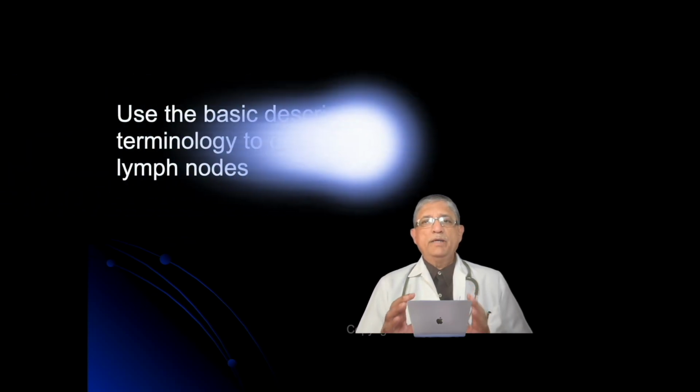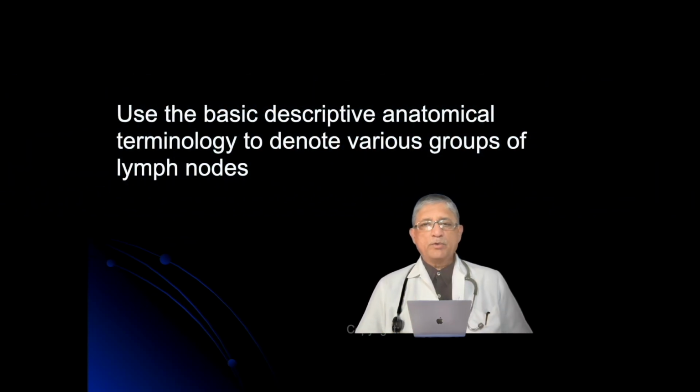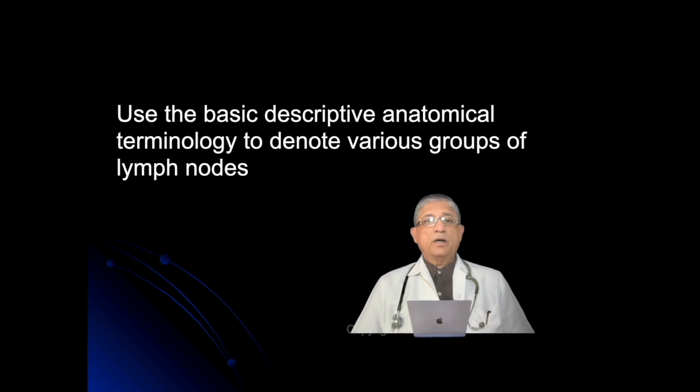In my personal opinion, undergraduate students and postgraduate students of general surgery should use the basic descriptive anatomical terminology, like say submental instead of level 1A or lower deep cervical instead of level 4 and so on. The classification into levels may be used by oncosurgeons, oncologists and oncopathologists. Anyway, now let us see how to palpate the cervical lymph nodes.